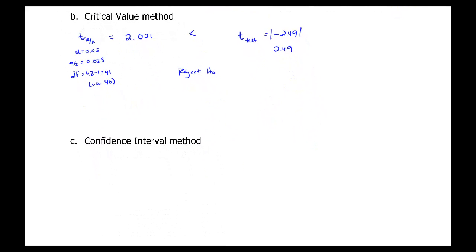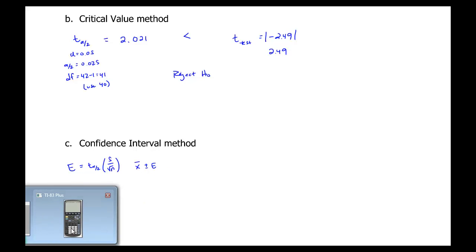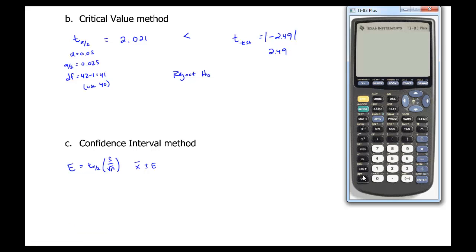The confidence interval method was our last one. So we could use the equation and get a confidence interval, but let's just do a quick reminder of how to use our calculator to do that instead. So in the stat menu, this is a TInterval.